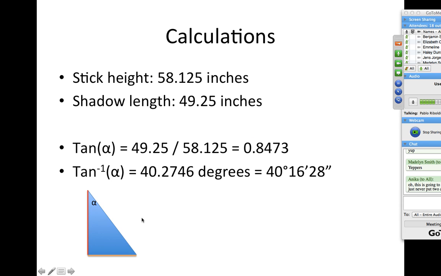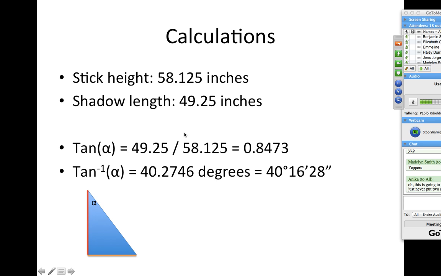So let's see the calculations, how they go. The stick height was 58 and 1/8, so 58.125 inches. The shadow length is 49 and a quarter, so 49.25.